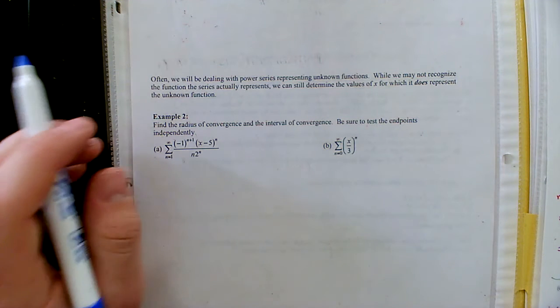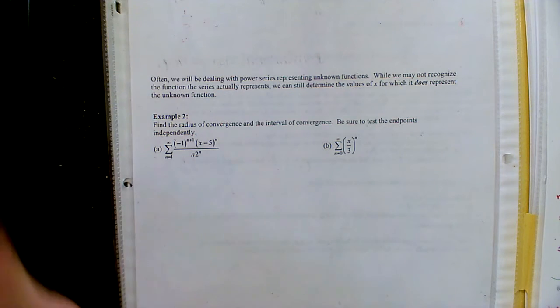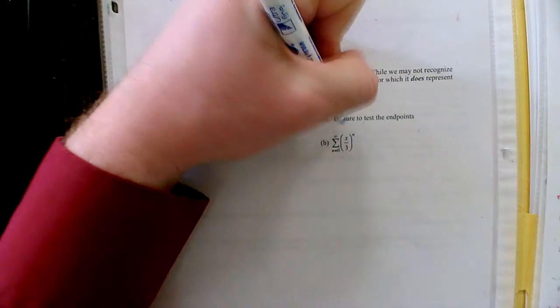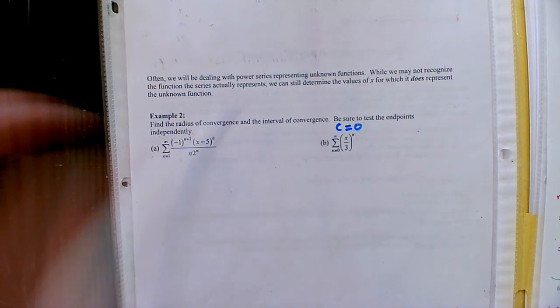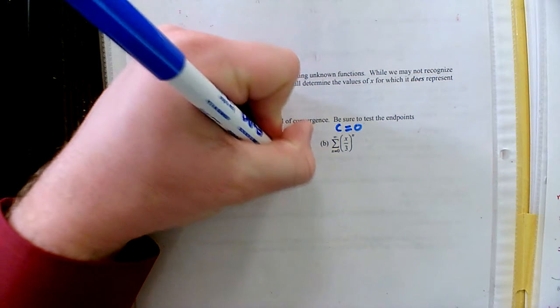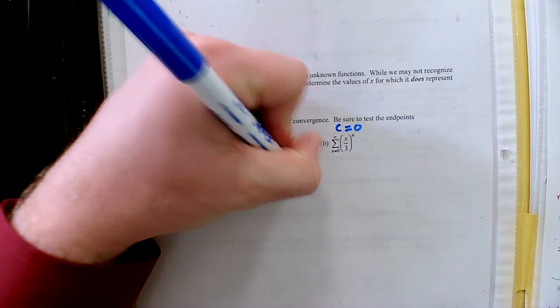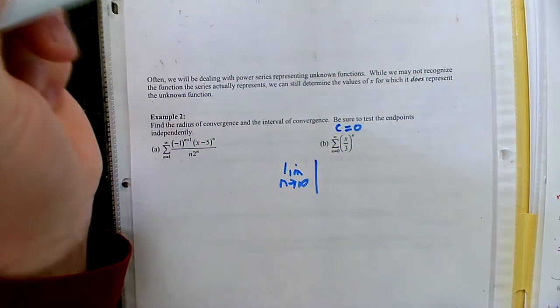For example B, can we tell what the center is? Yes, there's nothing that's added or subtracted to the x. So we know the center is going to be at 0. And we said we need to use what test most often for these? Yeah, ratio test. So let's go ahead. We're going to do the limit as n goes to infinity, absolute value.